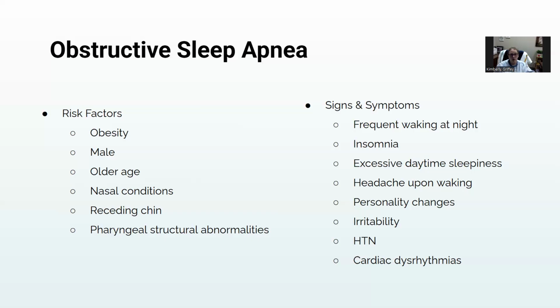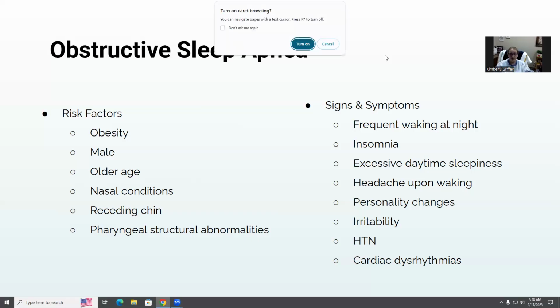And then that can cause your pharyngeal structure abnormalities. So these patients that have obstructive sleep apnea are going to frequently wake up at night. They're getting woke up because they're almost snoring so loud they wake themselves up. They're going to have insomnia, so they don't feel real well rested. They're going to be very sleepy during the daytime.